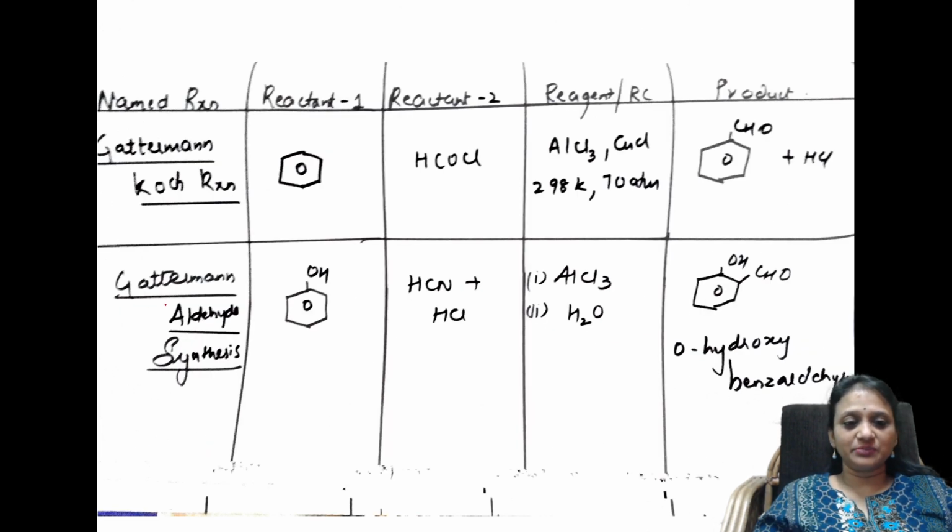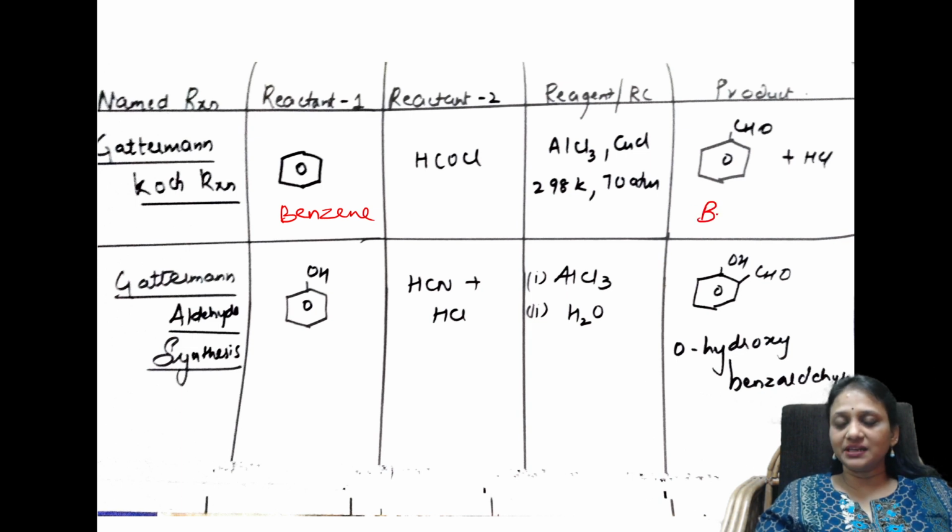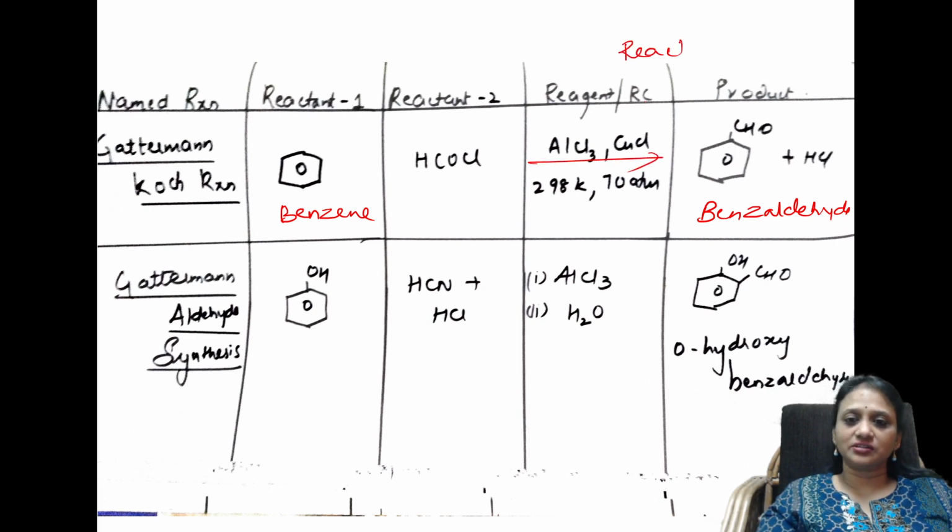Next comes Gattermann-Koch and Gattermann aldehyde. In Gattermann-Koch, we are going to convert benzene to benzaldehyde. Benzene to benzaldehyde, students. And important thing, these are the reaction conditions. RC stands for reaction conditions. Okay.